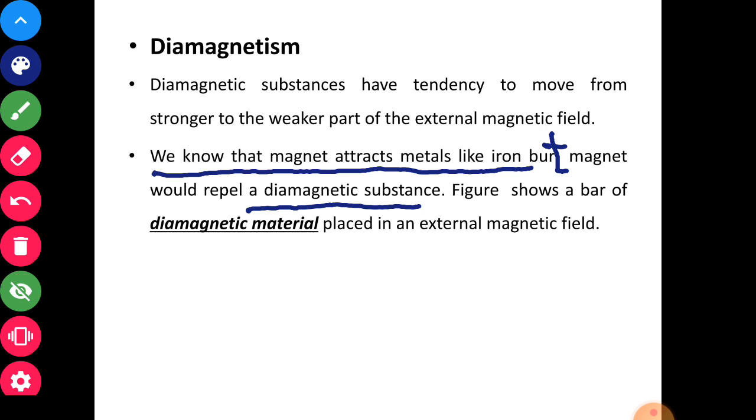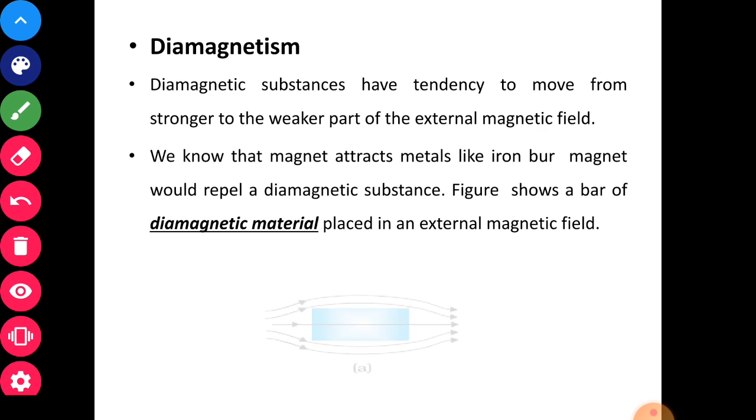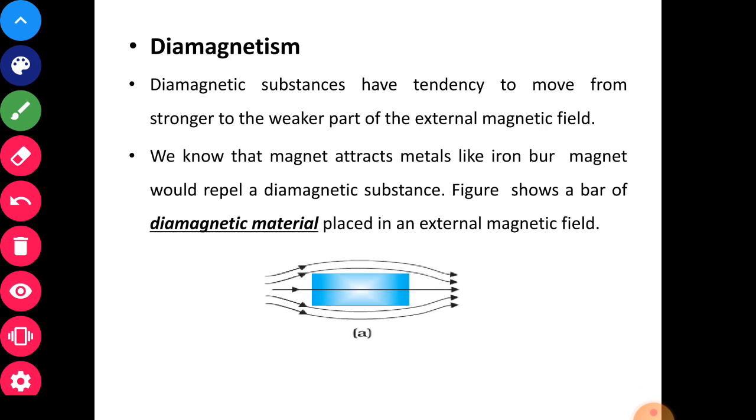Here one figure is given in which a diamagnetic bar is placed in the external field. You can see these are the external field lines, and they are found to be expelled away by the diamagnetic bar. They do not pass through the diamagnetic substance.